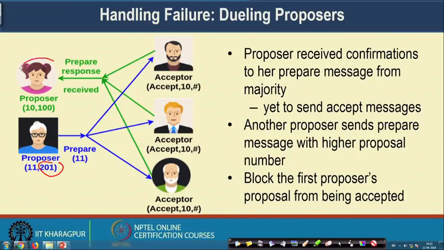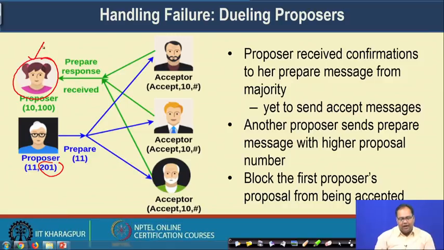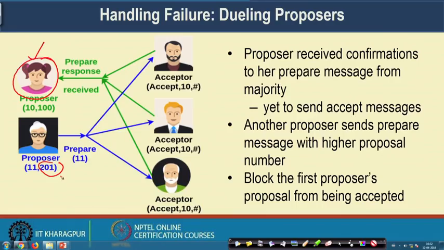Now, assume that proposer 1 is an attacker, and the moment she sees a proposal with a higher proposal number, she sends another proposal with an even higher proposal number. So, whenever she hears that proposer 2 has sent a proposal with proposal number 201, she sends another proposal with 301. That way, there can be a kind of dueling among the individual proposers, and you may not reach a consensus.